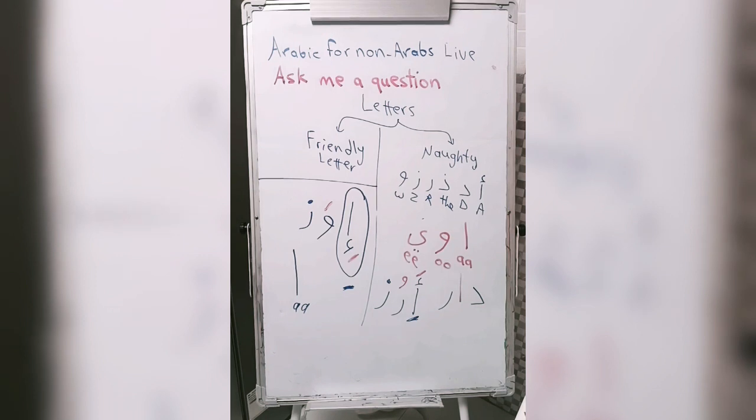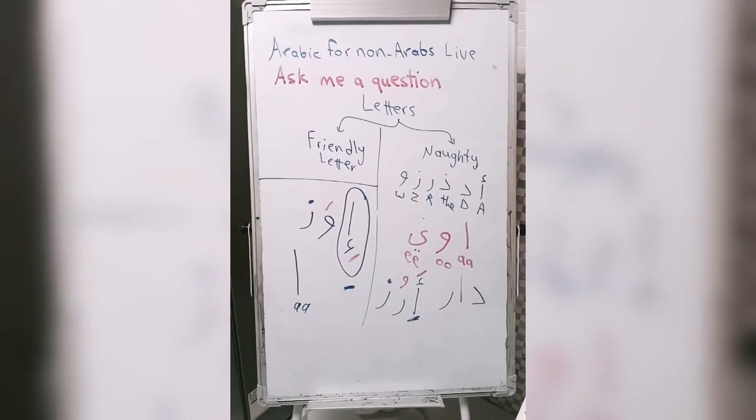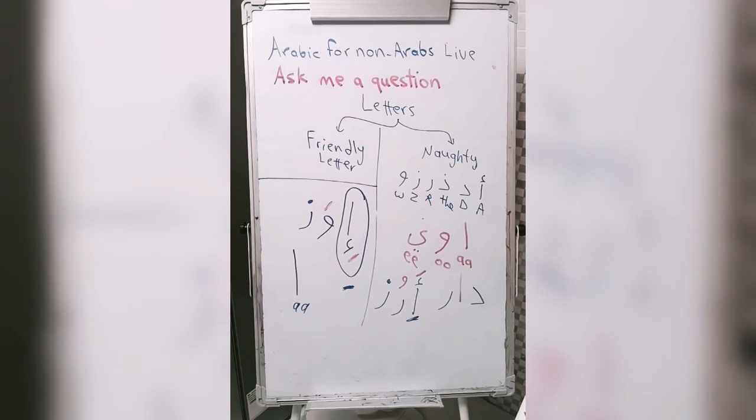Jody, I saw you wrote something, so is it fine? So now we can read only with letters that don't join each other. We finished this part. Let's go to friendly letters. Do we go to the second step?